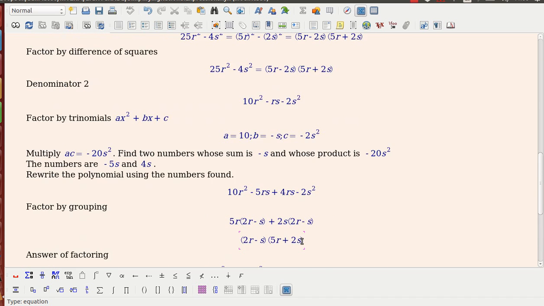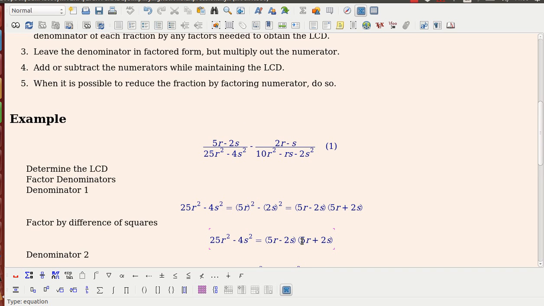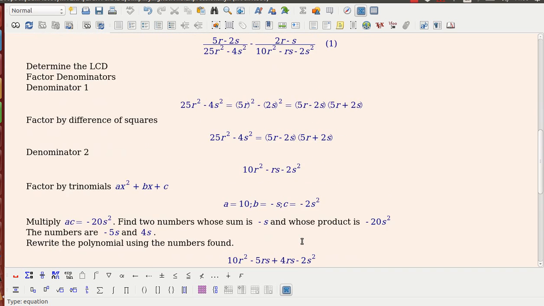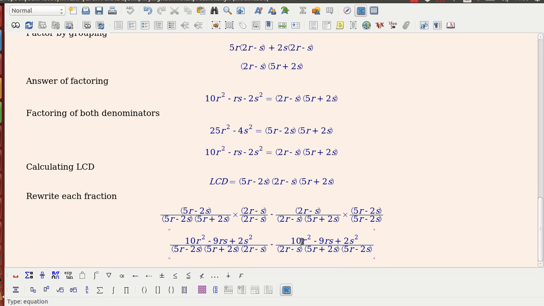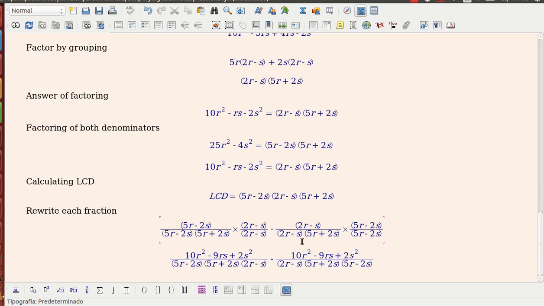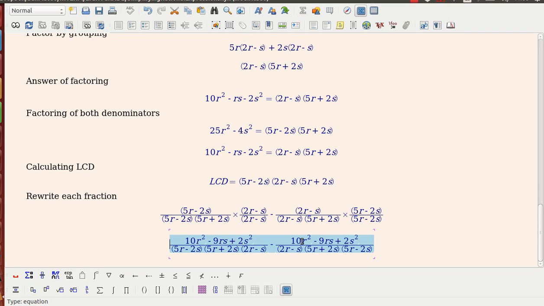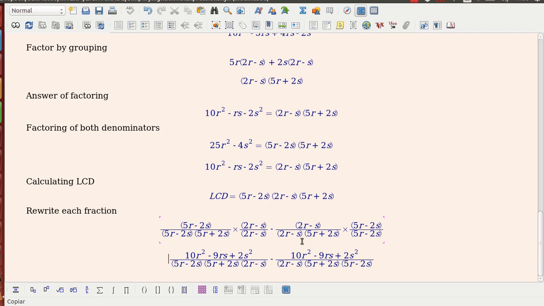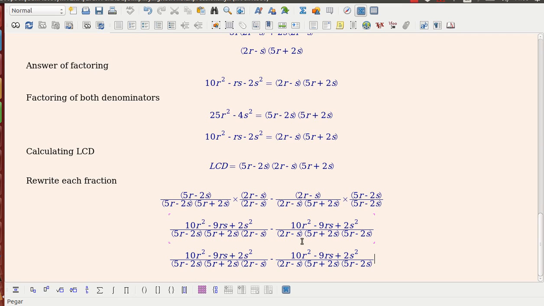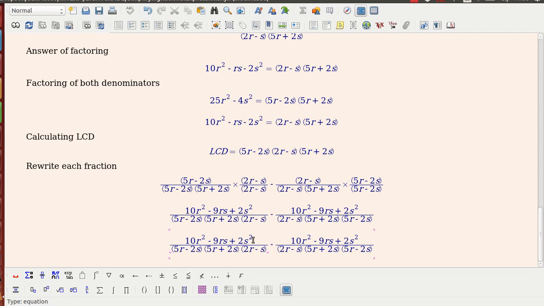Now, next step: add or subtract the numerators while maintaining the LCD. As you can see, we are subtracting, so we can leave the common denominator and just write the subtraction.